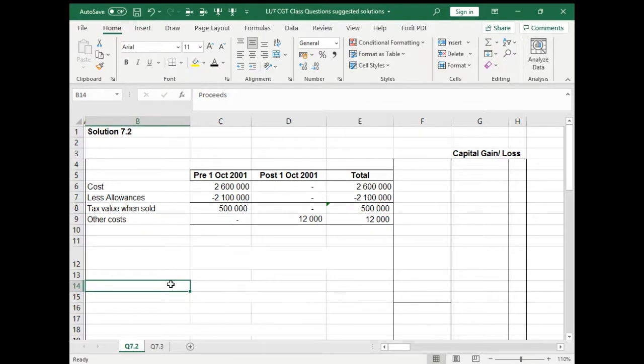However, we also had other costs, which was our valuation cost after the post 1 October. So that is the cost we incurred to create the market value of 12,000 Rand, which we also include here.